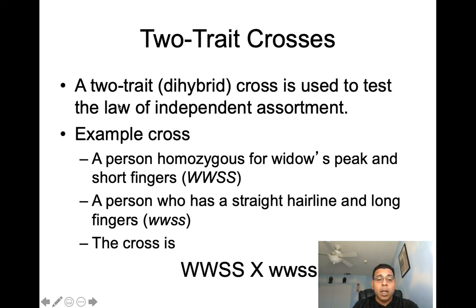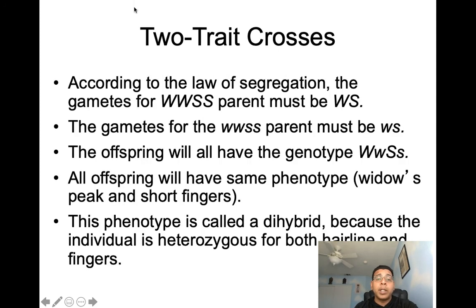So let's look at the gametes then. Here we can see, according to the law of segregation, the gametes for the capital W, capital S parent are going to be a capital W that they can pass on and a capital S they can pass on. So here you can see the gametes.